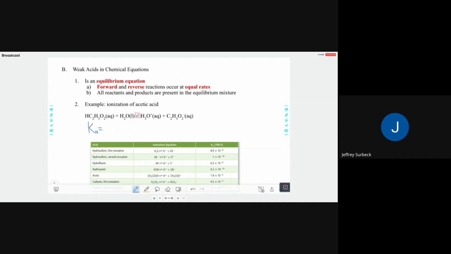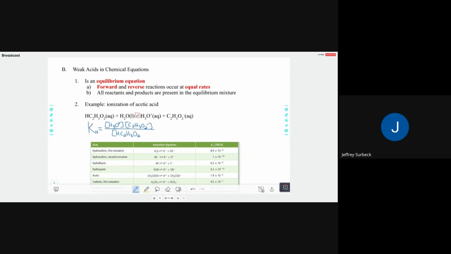So the only thing we're going to have on top here is H3O plus, and remember brackets mean concentration, times the conjugate base here, C2H3O2, all divided by, the only thing that we're going to put on bottom is that acetic acid. Remember, H2O is a liquid, it's a pure substance, so we're not going to put that in our equilibrium expression.